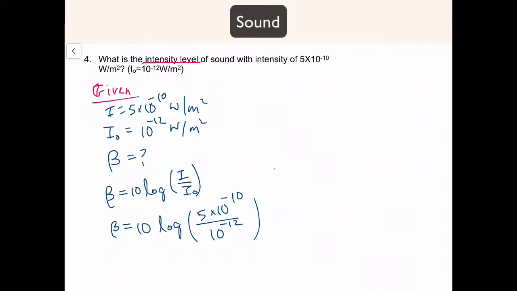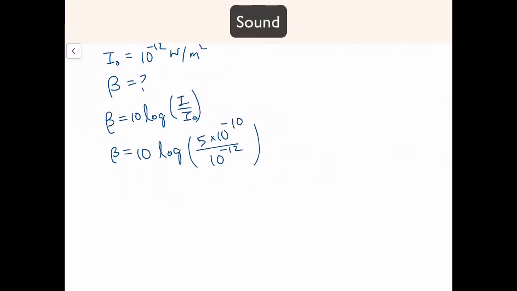So if you do some exponential trick here, what you will have is 10 times logarithm of 5 times 10 to the power of minus 10 plus 12 on the power. So the power, when it goes from denominator to numerator, it's going to be a plus, right?